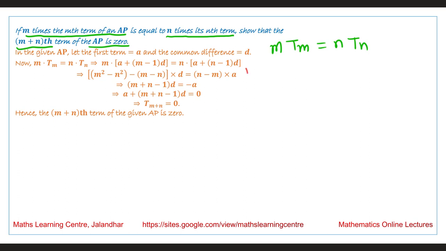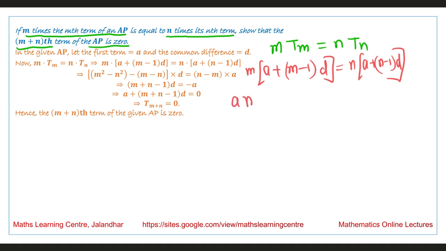So the values we have over here are m into (a plus (m minus 1)d), which is equal to n into (a plus (n minus 1)d). These two values are given to be equal. So on solving this, we get am plus m square d minus md, that is equal to na plus n square d minus nd.